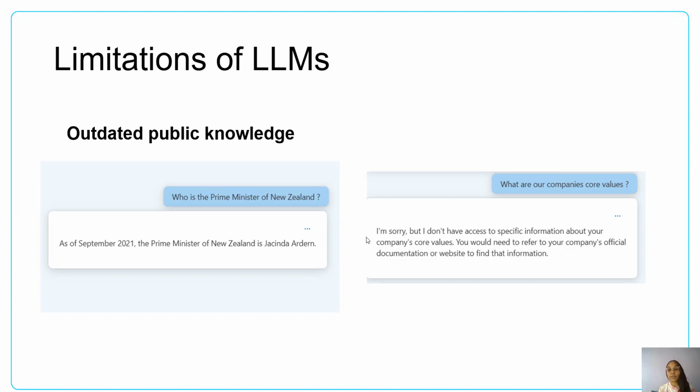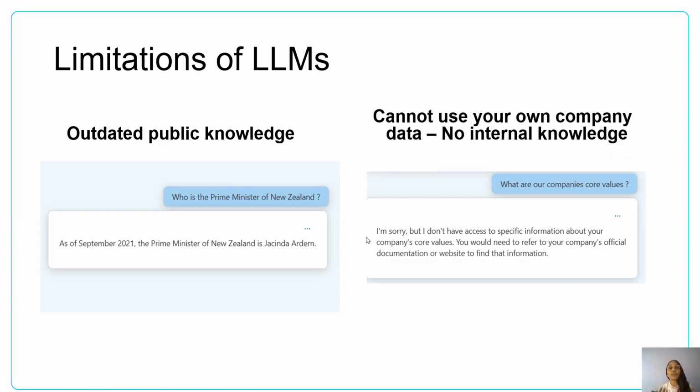You would need to refer to your company's official documentation or website to find that information. So what does this tell us? You cannot use your own company data or internal knowledge with the large language models that are out there now. These are the two main limitations of large language models.